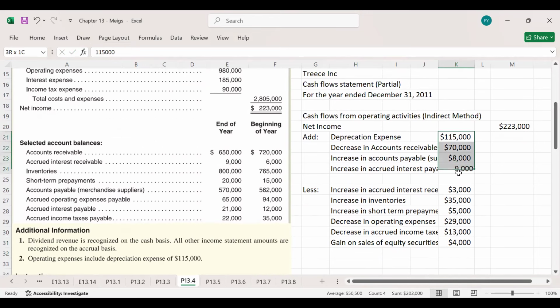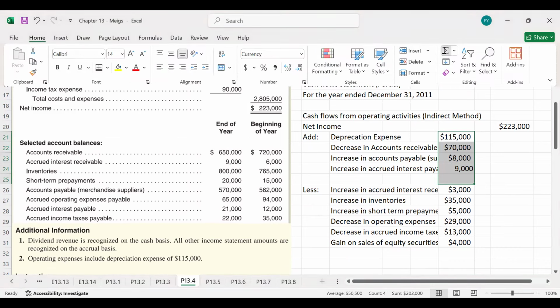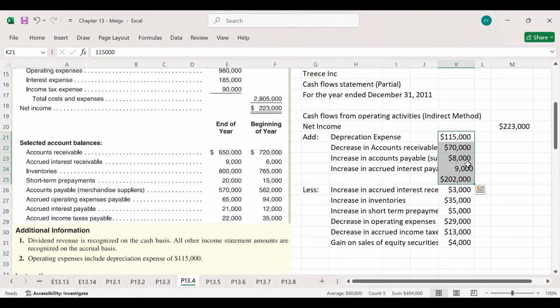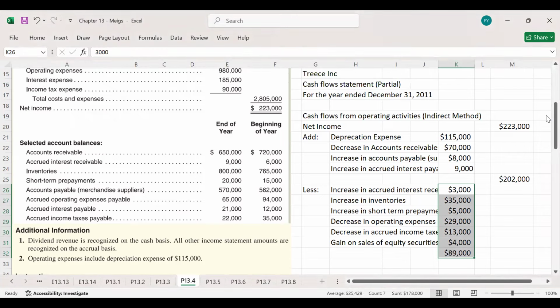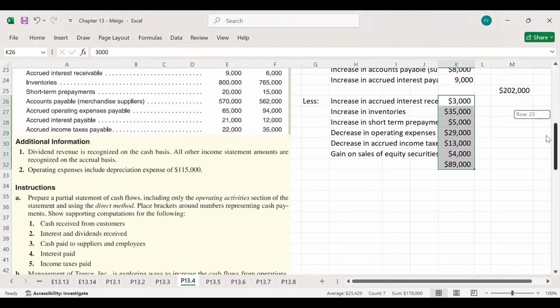So the total increase is 202, and the total decrease, when we add all of these, is the total decrease in cash flows.